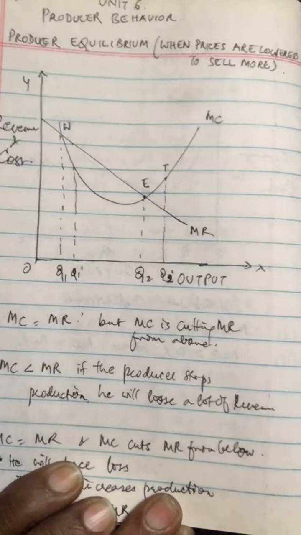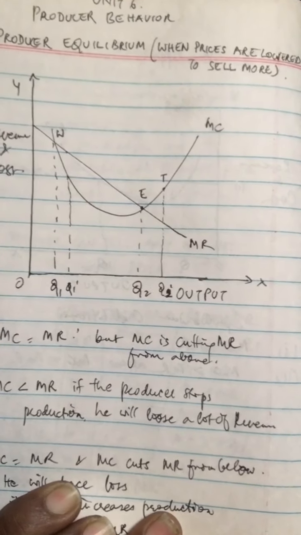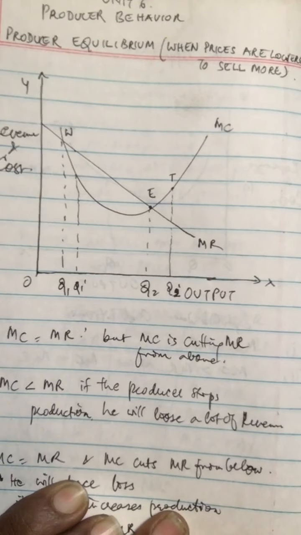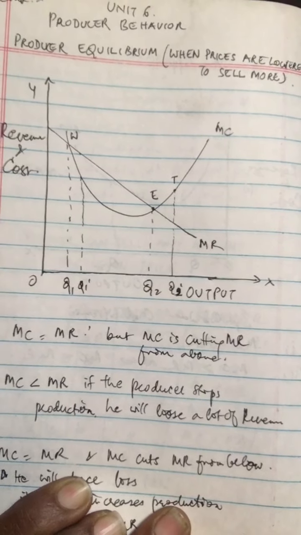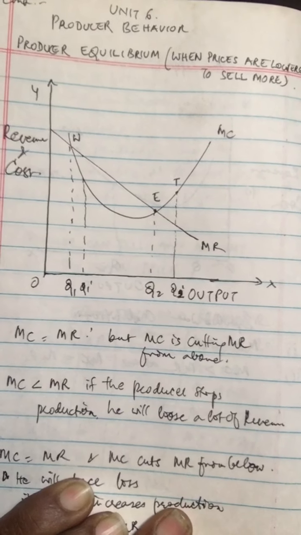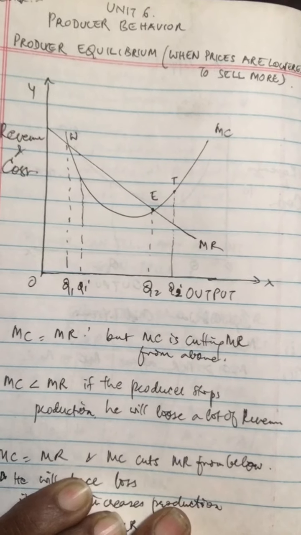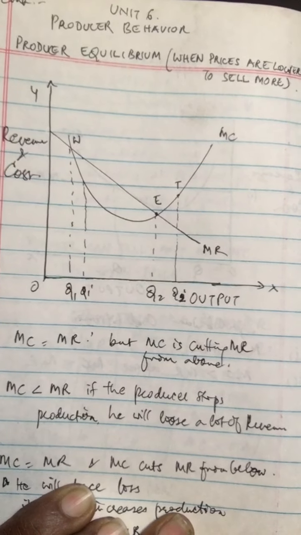Previously, in the table we discussed, the output that brings about the maximum profit is 4, where he'll get the maximum profit, that is 10.